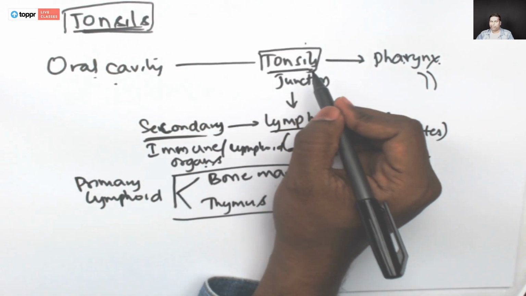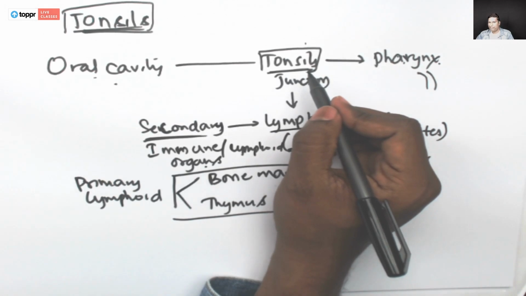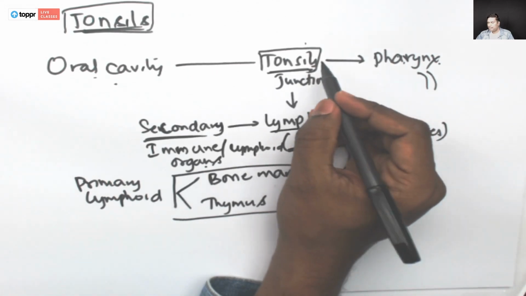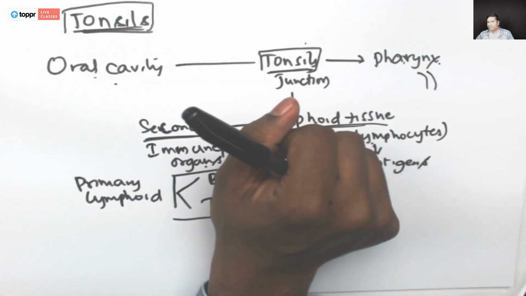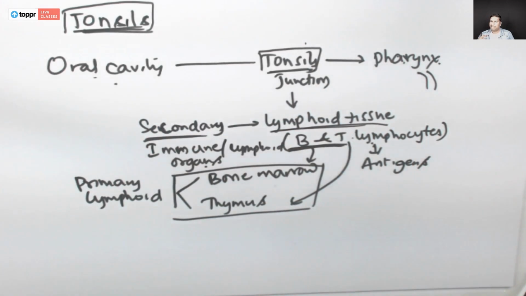The reason why your tonsils swell up when you have an infection is because they captured lots and lots of bacteria and they are actively fighting them, because of which you have those swellings.